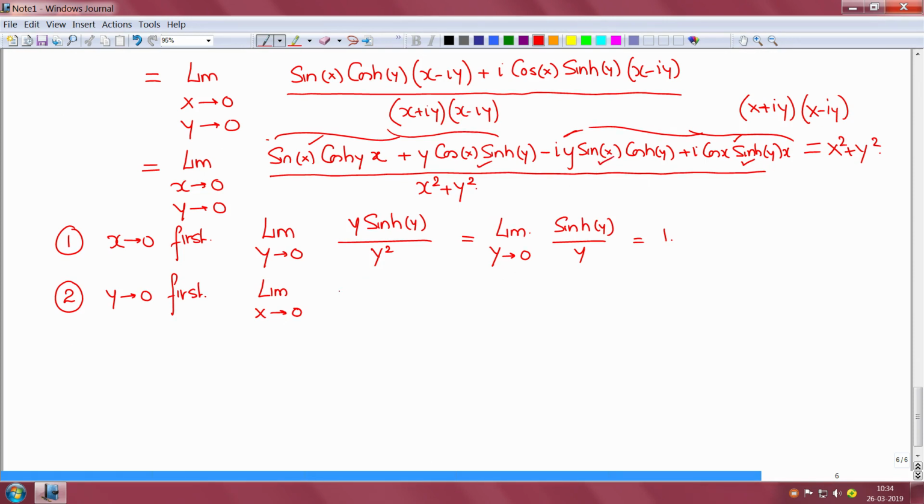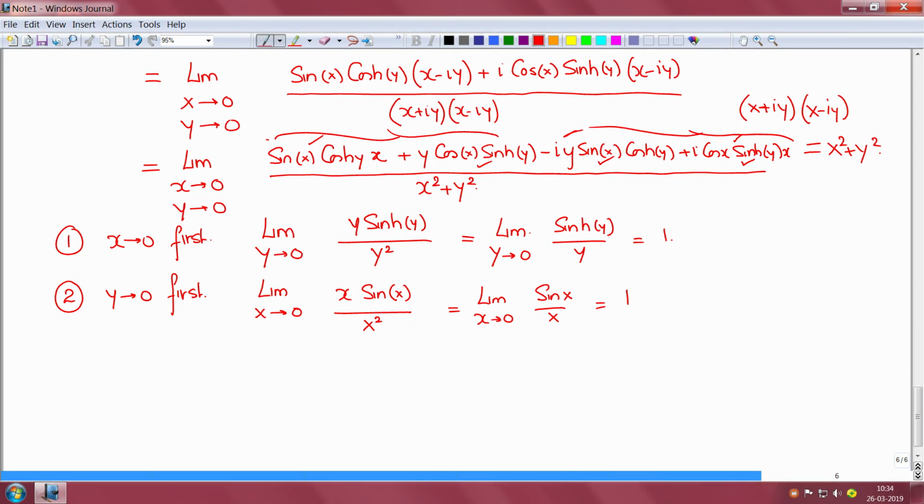So we have x sin x by x squared, which is equal to limit x tending to 0 of sin x over x, which is equal to 1, we already know.